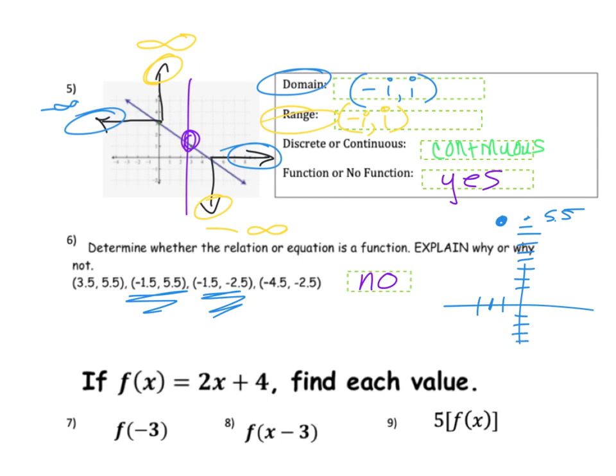So because they have the same x with different y's, when you graph them they're stacked on top of each other, which means that they would fail the vertical line test.